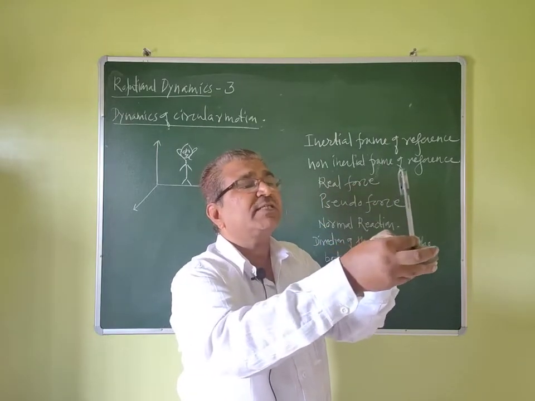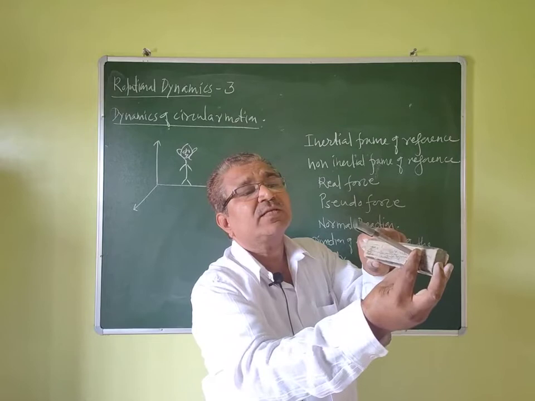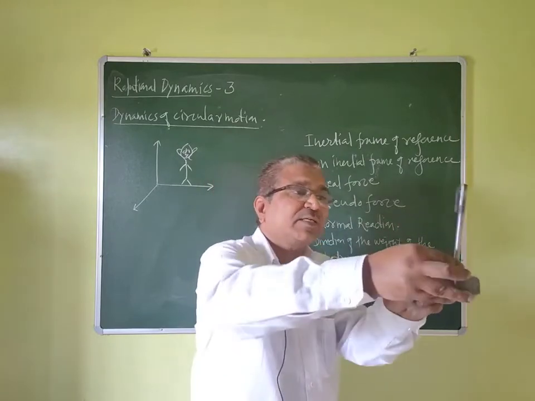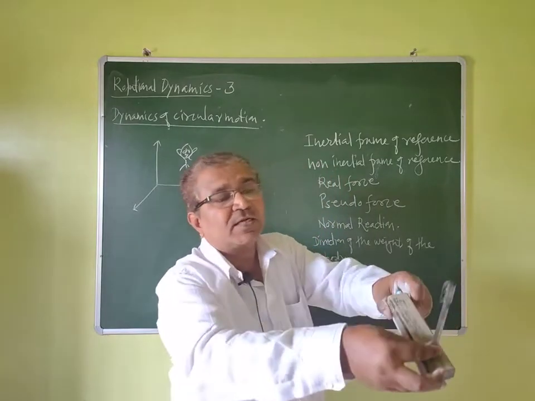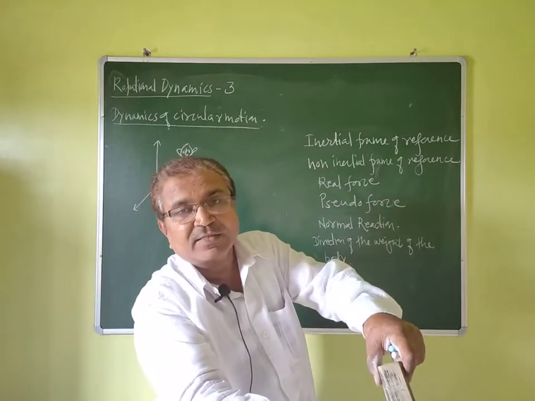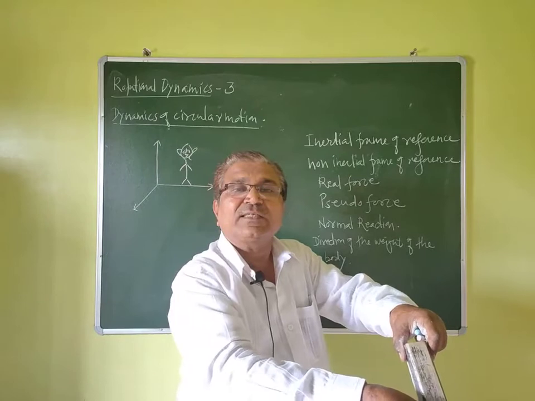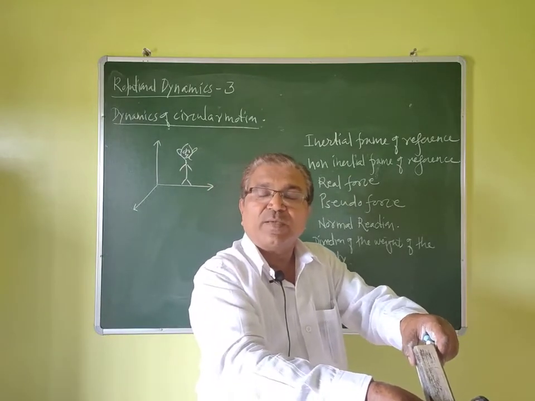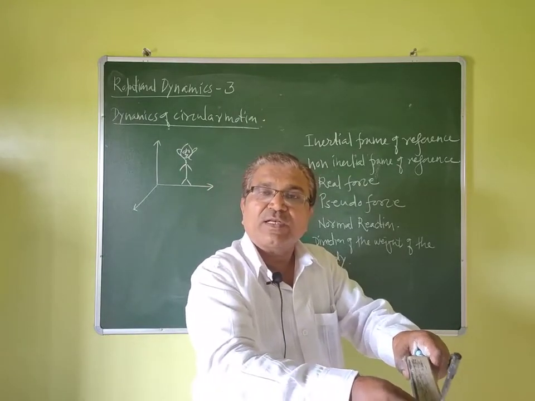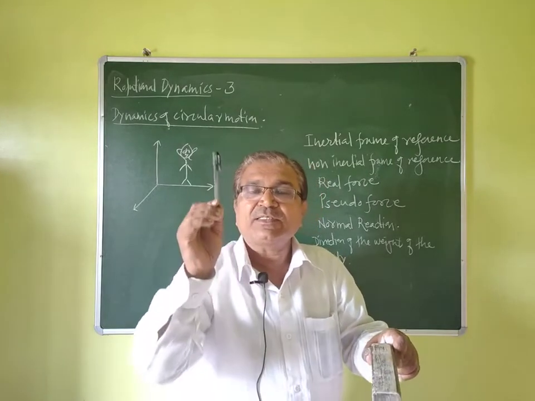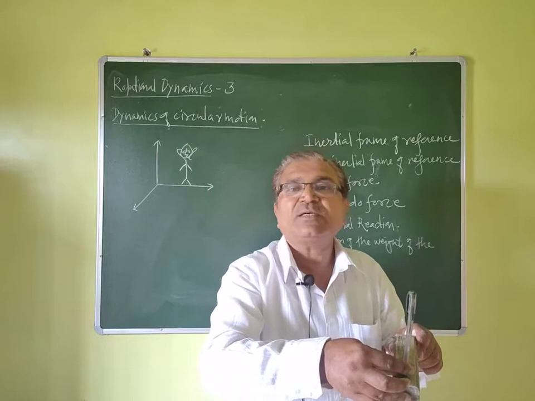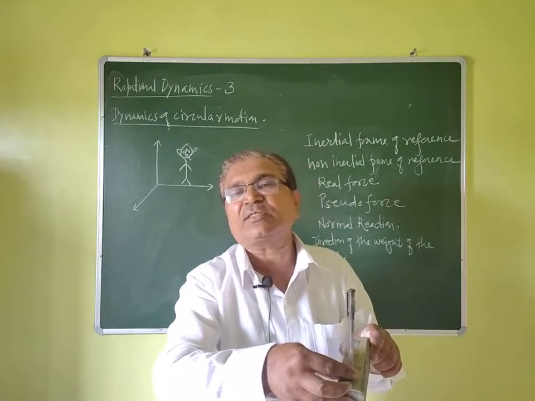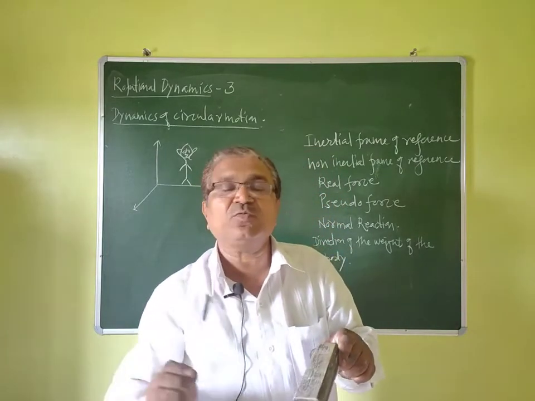If the car is inclined like this, then the normal reaction is like this. If the car is inclined like this, the normal reaction is like this, dear student. So remember well, normal reaction is always perpendicular to the surface of a body. This is the most important sentence you should note in your notebook, dear student.